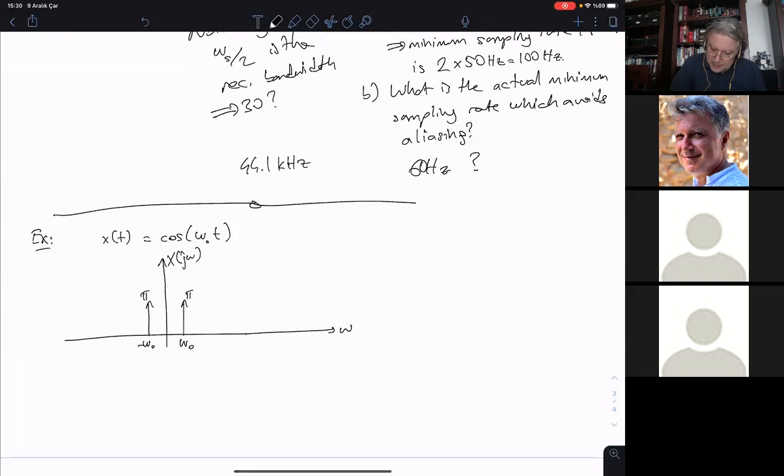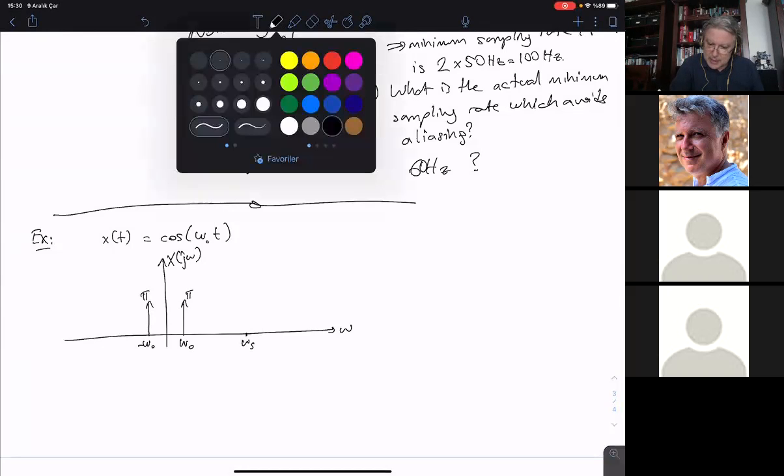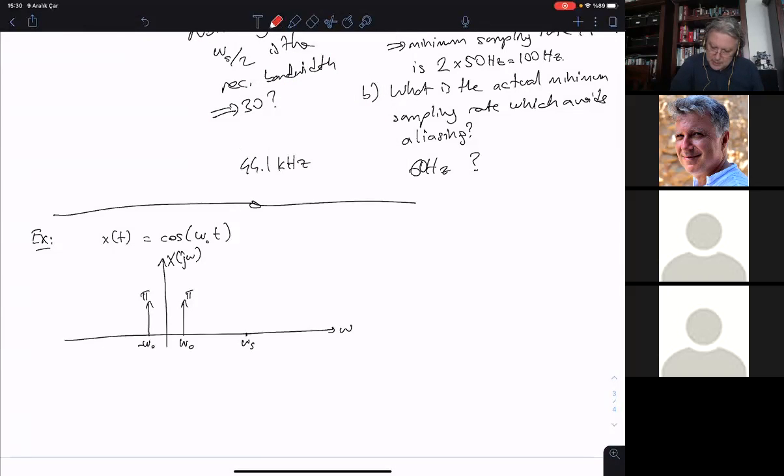Now, a sampling frequency, omega s, somewhere around here, will make the first replica appear like this, at around omega s. Here it is omega s minus omega 0.